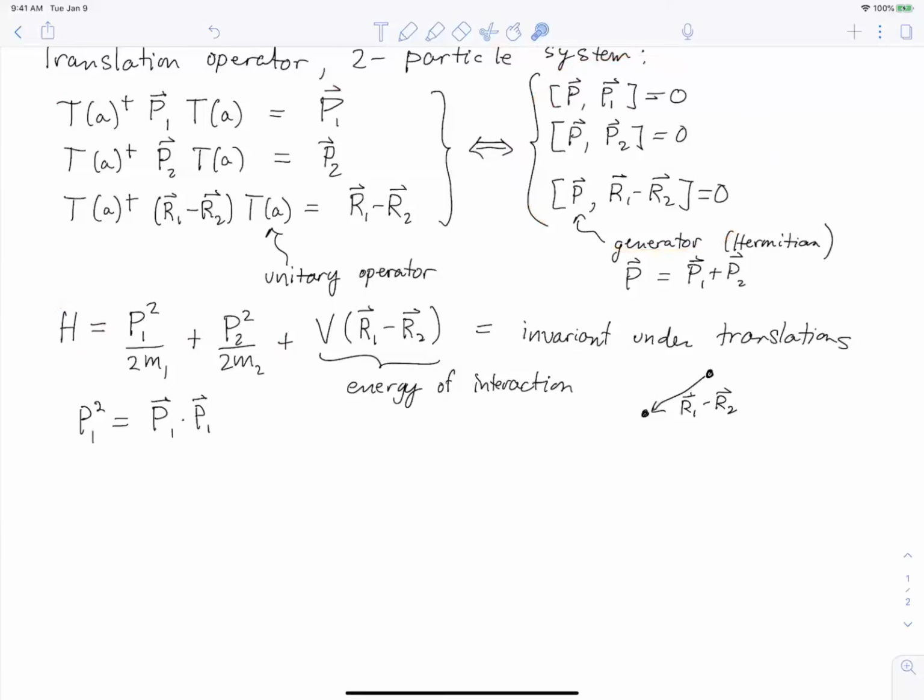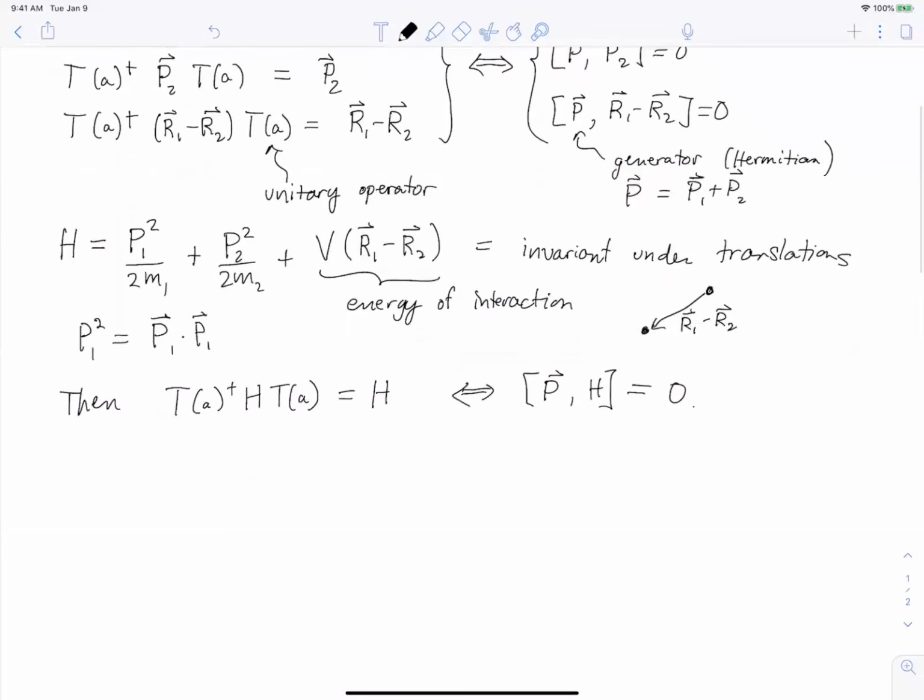under translations. And so that means that T_A dagger, Hamiltonian, T_A, is going to give you back the Hamiltonian, or equivalently, the total momentum operator commutator with the Hamiltonian is 0.